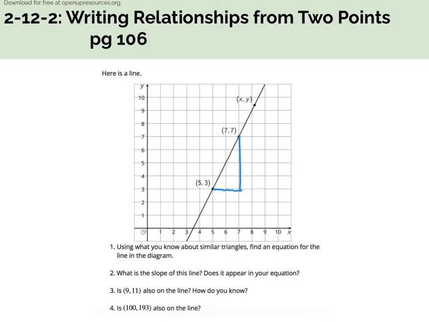And again, remember our slope is our vertical over horizontal. And remember that that was one of the triangles from lesson 11.